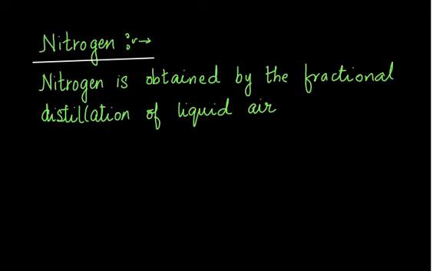Now that we are done with the preparation of the raw material hydrogen, let us see how to obtain nitrogen. Well, nitrogen is obtained by the fractional distillation of liquid air, as simple as that. And the fractional distillation of liquid air you must have learned when you began your chemistry lesson.